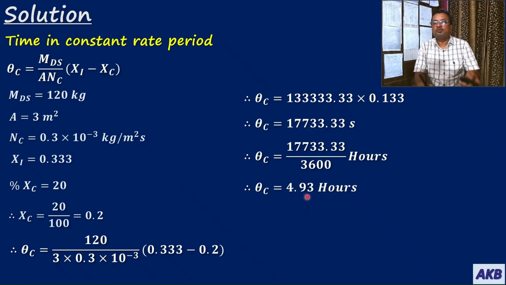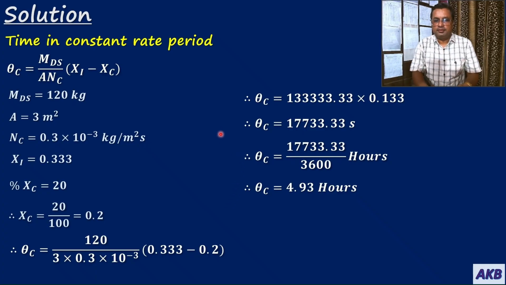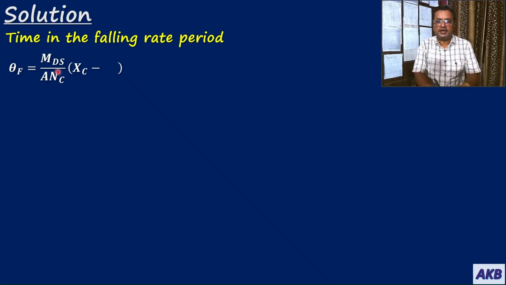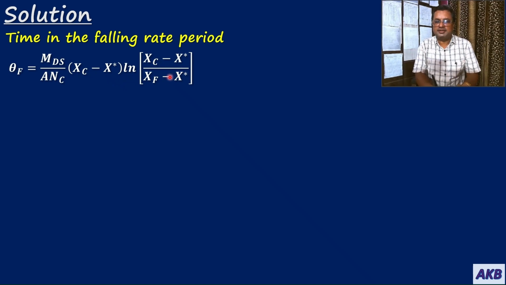Now let us get time for drying in the falling rate period. So time in the falling rate period, for that we are going to use this equation, theta f is equal to mds upon a into nc into xc minus x star into ln of xc minus x star divided by xf minus x star.